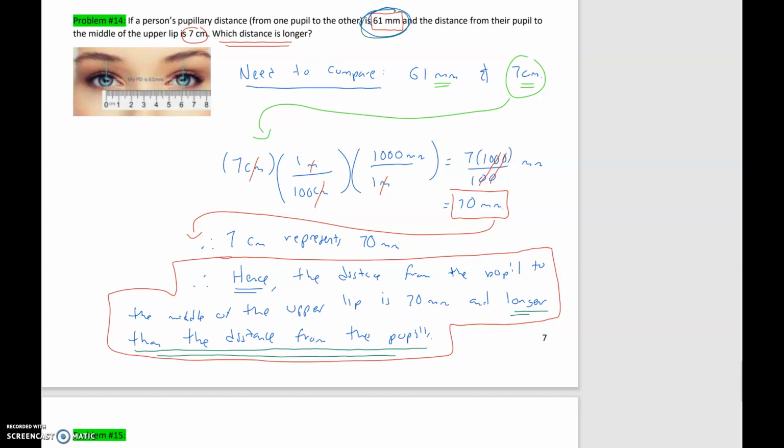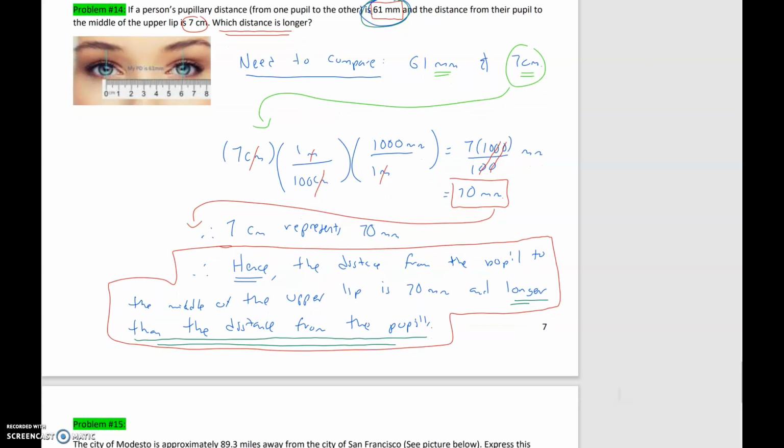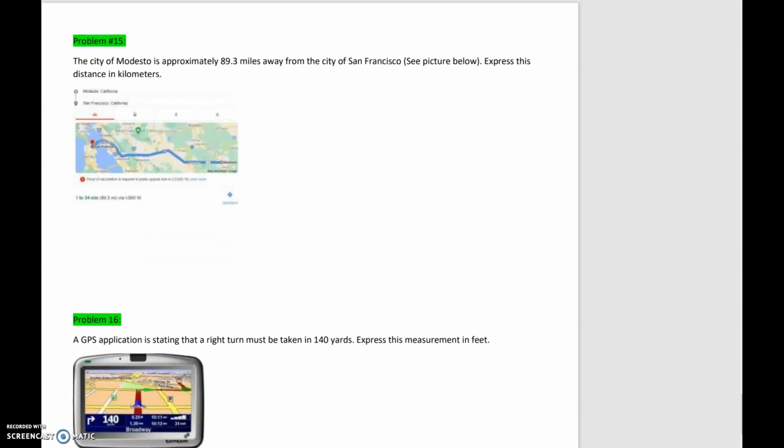That's actually it for this one. This actual problem required 2 steps, which is compare units that are equivalent. In this case, we did. We changed everything to millimeters, and we could have done the same as centimeters. And then from there, we answer the question of which one is longer.